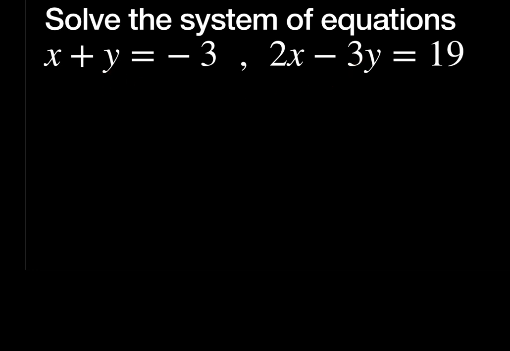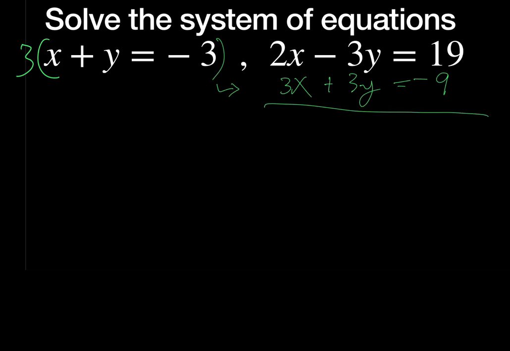But if I were to multiply that first equation by 3, and then rewrite it underneath here, it's going to be 3 times x, which is 3x, 3 times y, which is plus 3y, and then 3 times negative 3 is negative 9. And then I add those equations.